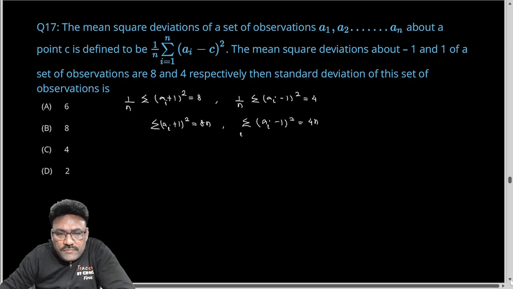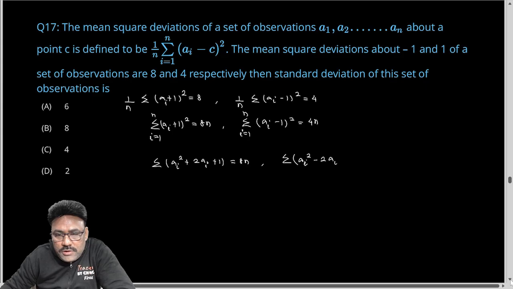And of course i is varying from 1 to n in both. Now I can write it as sigma ai square plus 2ai plus 1, it is 8n. And sigma ai square minus 2ai plus 1, it is 4n.